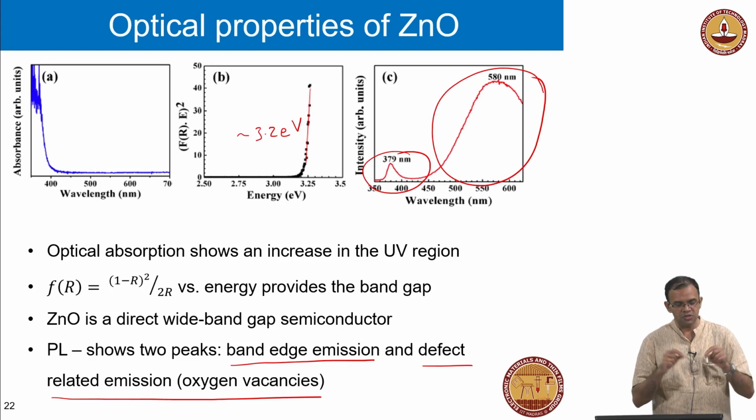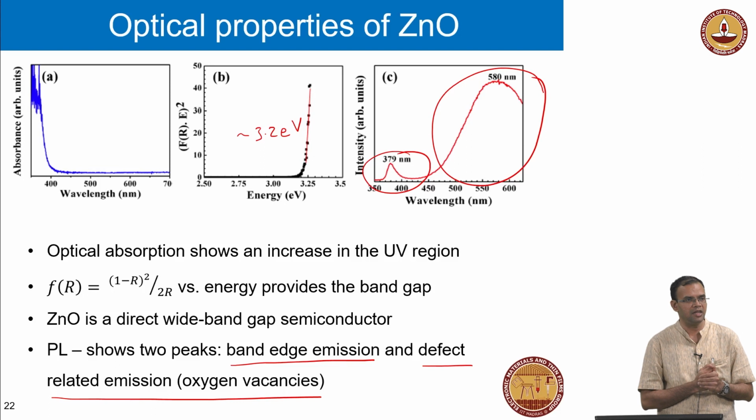That's why we always use the word optical band gap, just to say that it can also include some shallow defects close to the band edges. That means the optical band gap value is lesser than the electronic? Yes, if you have the defect state, it will be lesser than the electronic band gap.